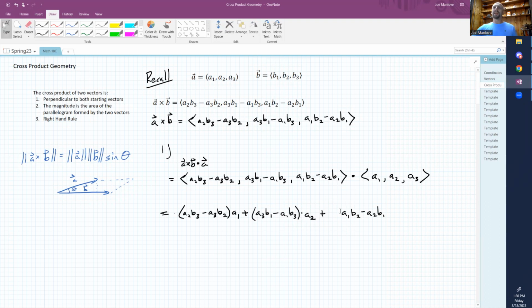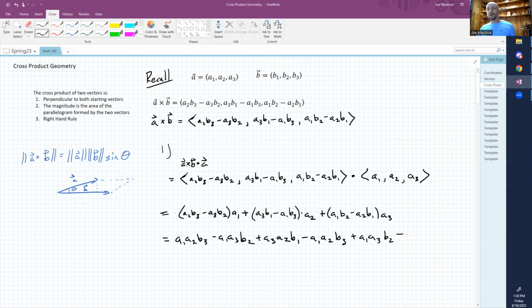And I'm going to add my third component here multiplied by A3. And now we're just going to do a little arithmetic. So I got A1, A2, B3 minus A1, A3, B2 plus A3, A2, B1 minus A1, A2, B3 plus A1, A3, B2 minus A2, A3, B1.